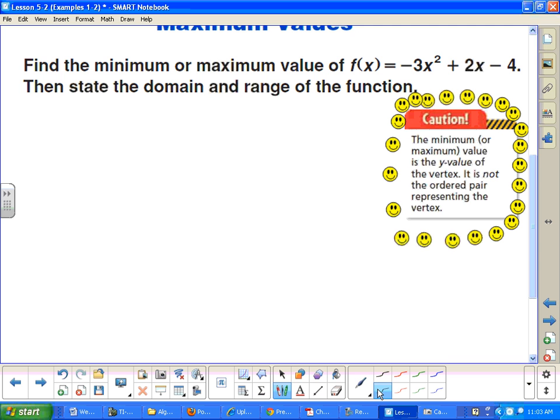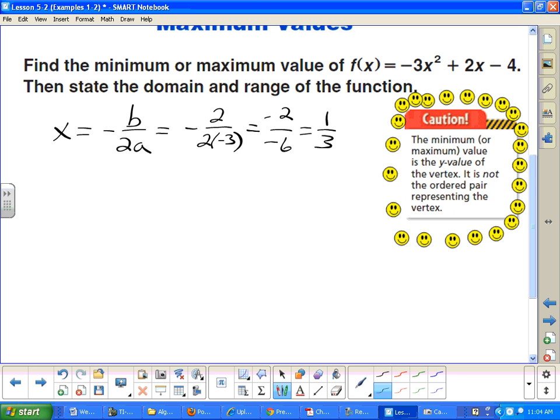We find it just like we found the vertex for any quadratic function in standard form. To find the x value, we'll do negative b over 2a. And then to find the y value, we'll plug that in for x in the function. So this is negative 2 over negative 6, which is 1/3. So the x value is 1/3.